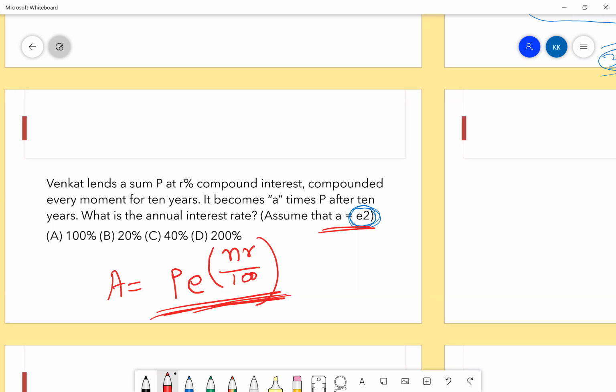But for solving this question, you don't require the value of e. Here, just to clarify, n is the number of years, r is the rate of interest compounded every moment, p is your principal, and a is your amount. That is all you require.